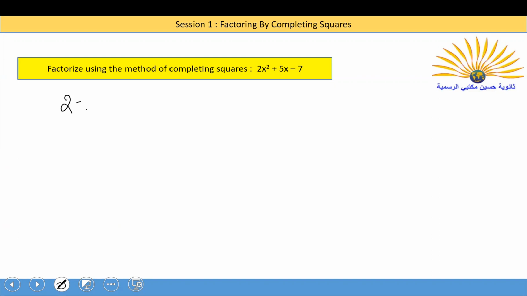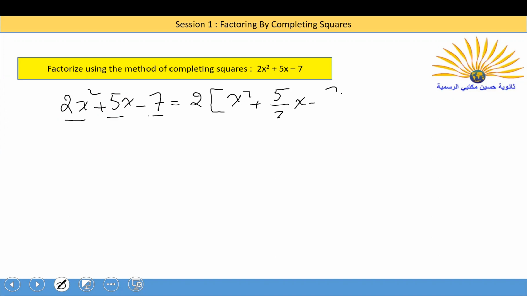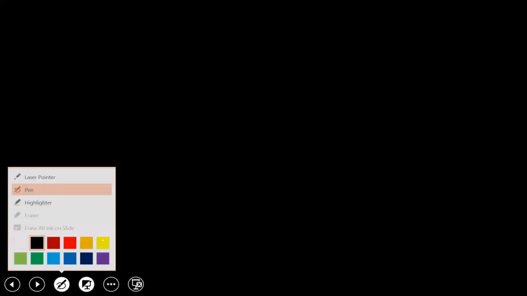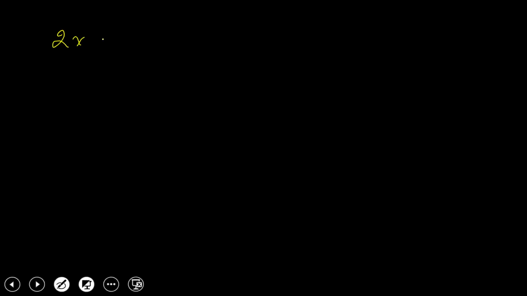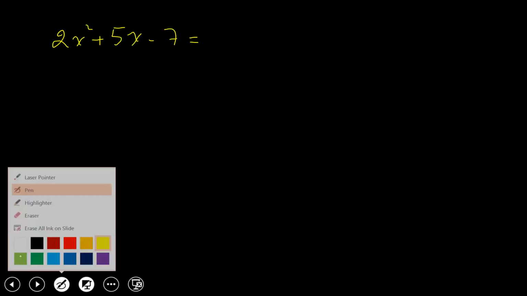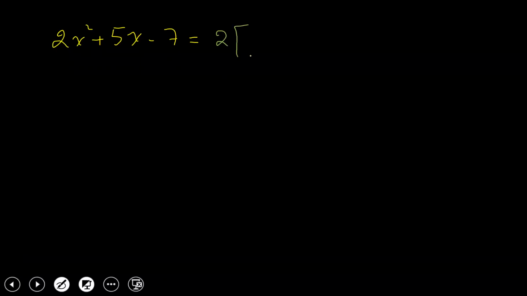So again, I'll take 2x squared plus 5x minus 7. We take 2 as a common factor, we open bracket, and we divide all of these terms by 2. What do we get here? We get x squared plus 5 over 2 x minus 7 over 2.